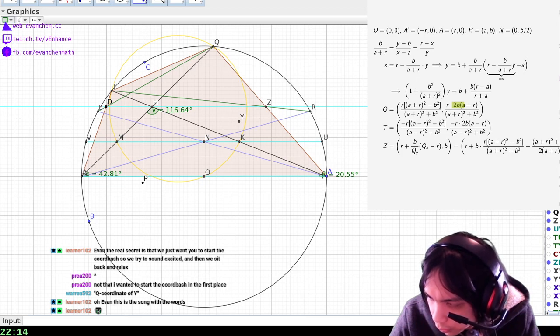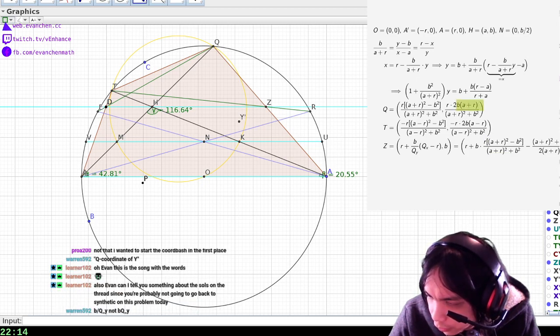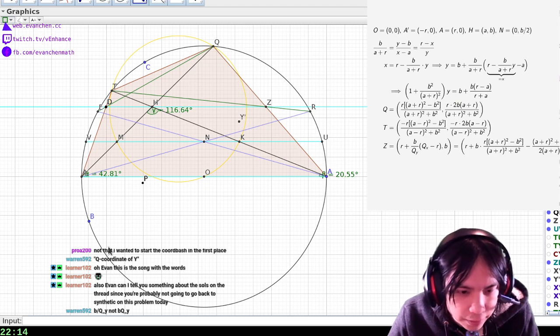The r should cancel. What am I writing? This makes no sense. This r shouldn't be here, and this should be b times a plus r, right? This is garbage.